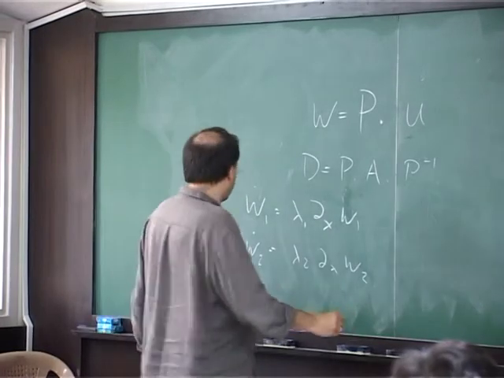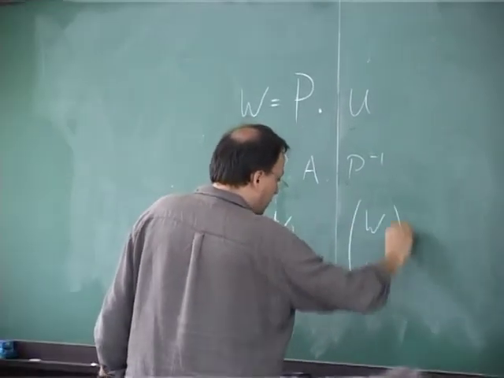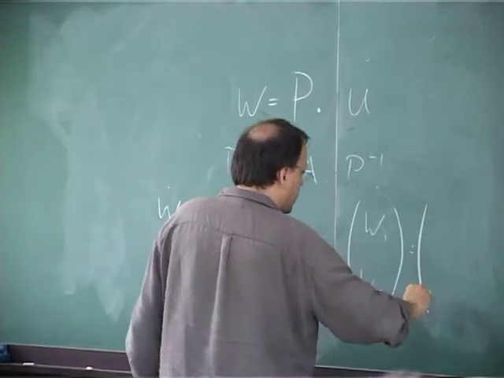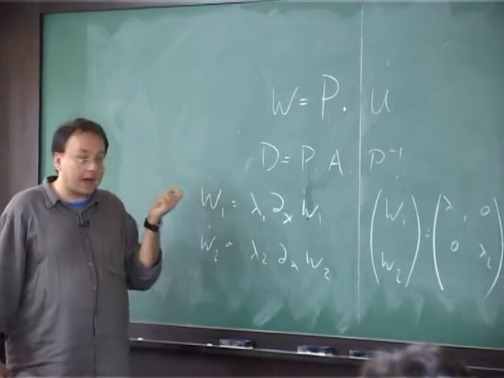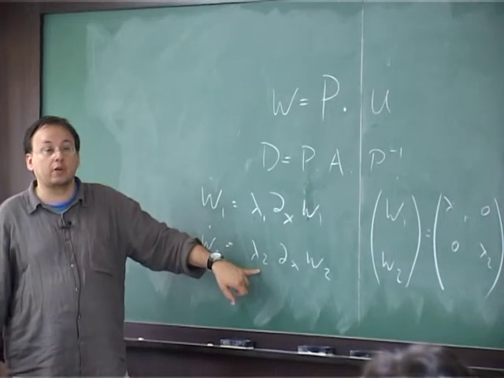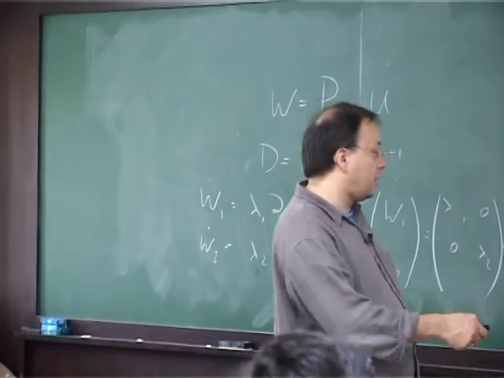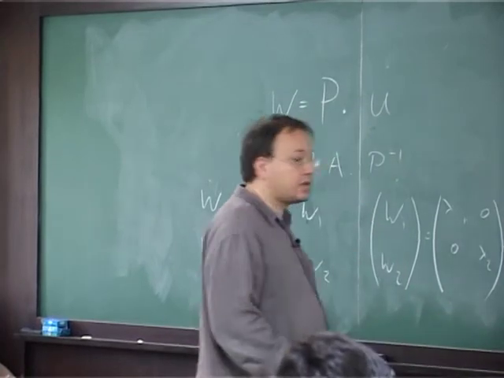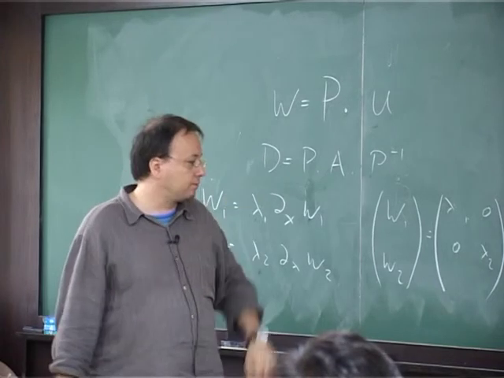Or in other words, the vector W, W1, W2 dot, is equal to the matrix times W1, W2, which is just propagated with a speed lambda 1 here and a speed lambda 2 here. Okay? So the equations for the characteristic variables are very simple. These fields are just propagating at a particular speed.